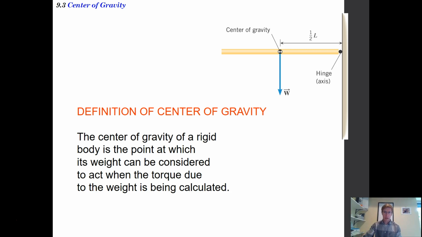We talked about center of mass already back in Chapter 7 quite a bit. For most intents and purposes, for things near Earth, center of gravity and center of mass will be the same. But if you recall, center of mass is, as the name implies, the central point about which all the mass is balanced. Center of gravity is the central point about which all of the forces due to gravity are equal.